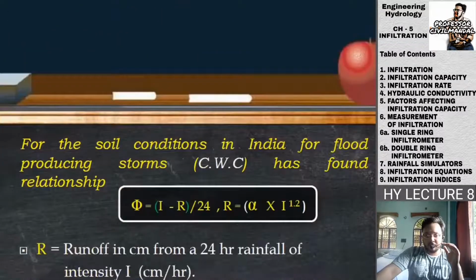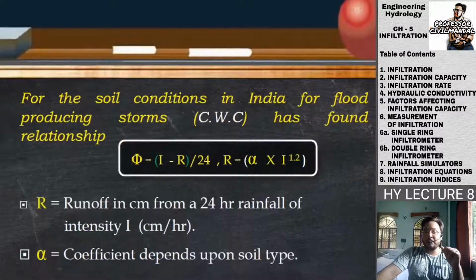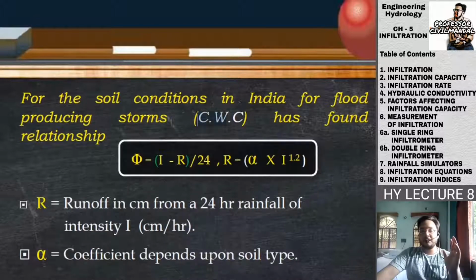To get the value of phi index, here is the formula: phi is equal to (I minus R) divided by 24, where R is equal to alpha times I to the power 1.2, and this equation was developed by the Central Water Commission of India, CWC.